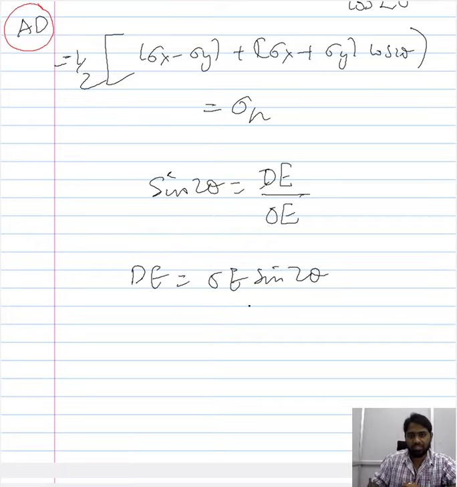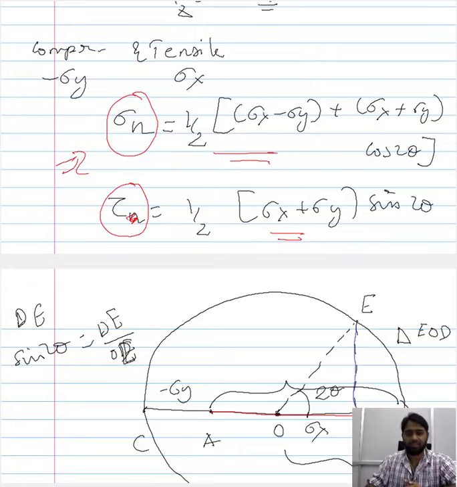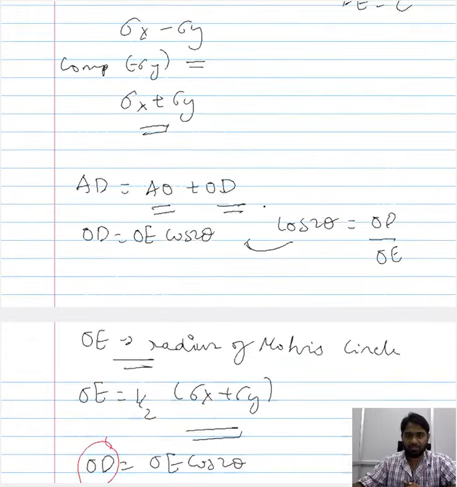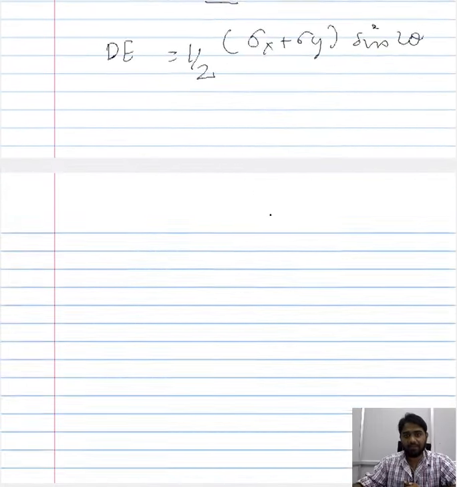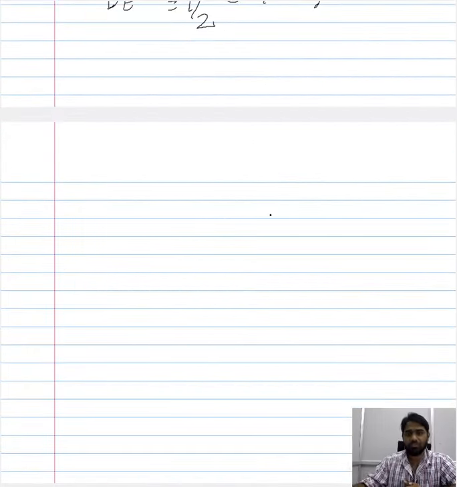If you look at this expression and compare it with the shear component of stress that we arrived at by substituting minus sigma y in the expressions that we have derived, it is identical. So that means DE relates to the shear component of stress acting on a region of interest inclined by an angle theta within a three-dimensional plate that is experiencing a load which is compressive along the y-axis and tensile along the x-axis.